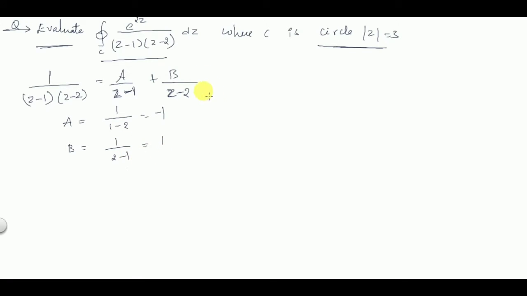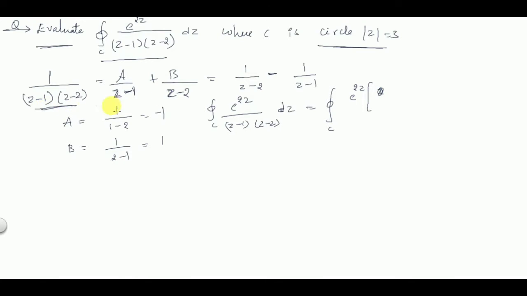So it will be 1 by Z minus 2 because the B value is 1, minus 1 by Z minus 1. So the integral over C of e power 2z by (Z minus 1)(Z minus 2) dz can be written as the integral over C of e power 2z times (1 by Z minus 2 minus 1 by Z minus 1) dz.